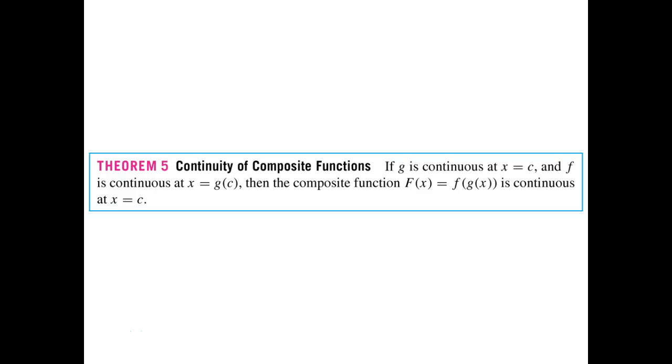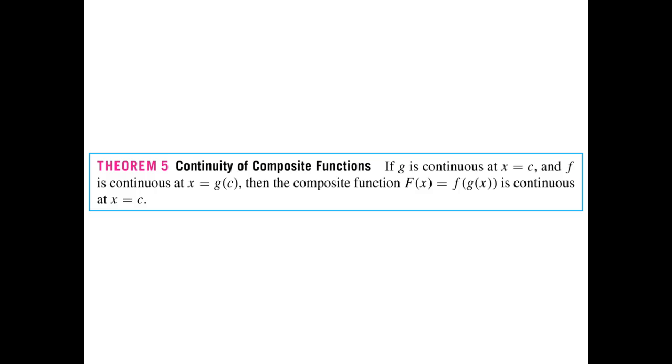But here's what they're meaning. You have some value x on some interval. G is defined and is continuous on that interval that contains that x equals c. Meaning, when you take g of the x in that interval, you get some output, y, say.